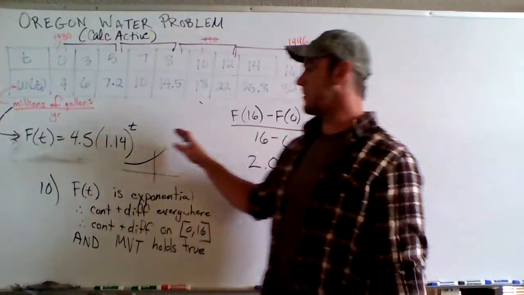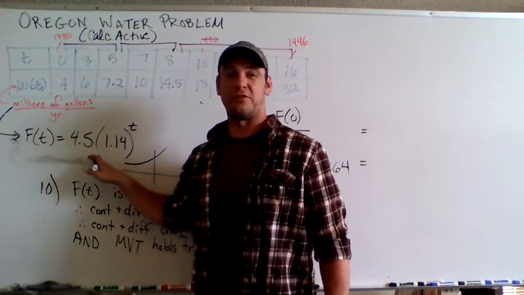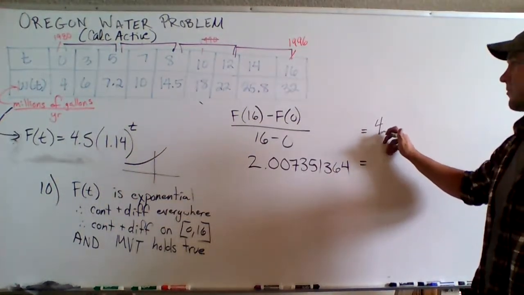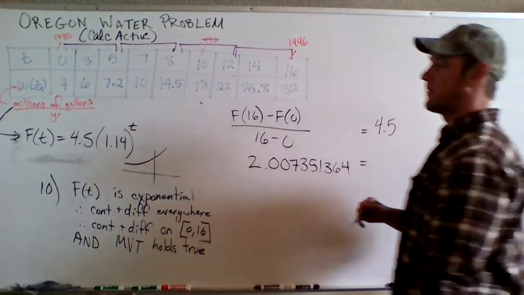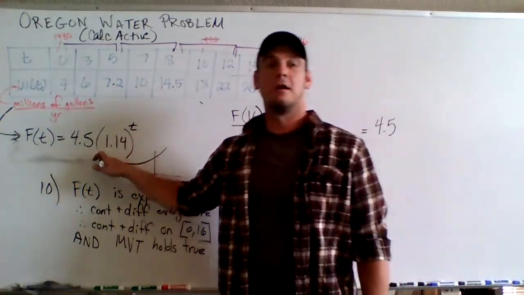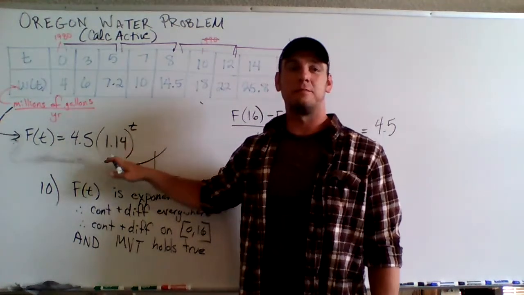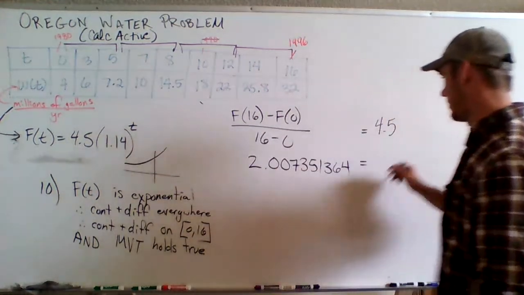So, if I'm going to take this derivative, 4.5 is just a coefficient, so I'm going to leave that out front, 4.5. The derivative of something to a variable is going to be that something to the variable.